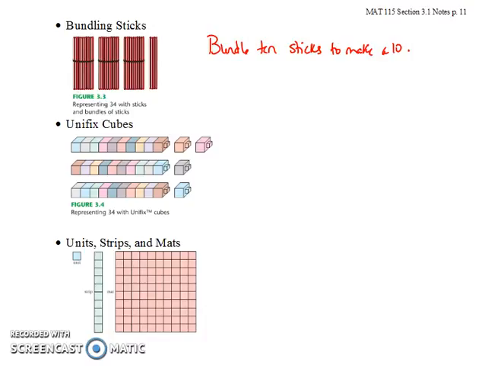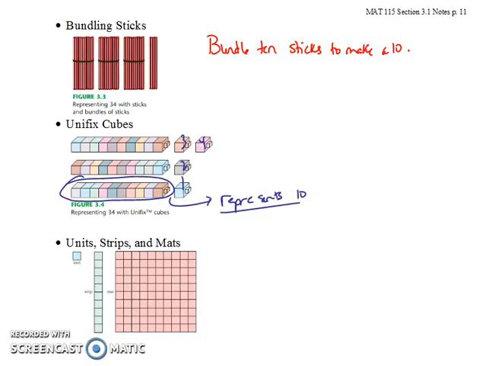They just kind of snap onto the end of each other. So if you're representing 34 with unifix cubes, put 10 together to represent 10. There are 3 of these. And then we have, of course, 4. 1, 2, 3, 4 left. So that's the number 34.